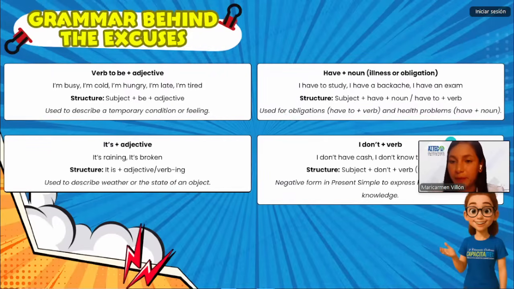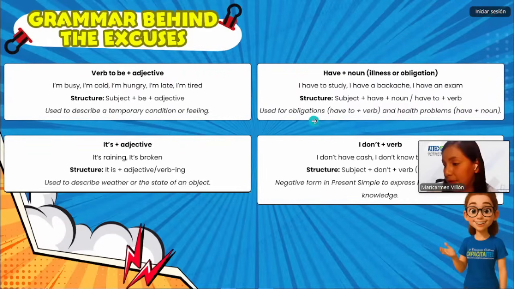¿Cómo más también puedo? No se ve una parte, perdón. Aquí está. ¿Cómo más? Veamos por el otro lado acá. Dice have plus noun, illness or obligation. ¿Qué estructura? Vamos a utilizar aquí el sujeto, have to y el verbo, o have y el noun.